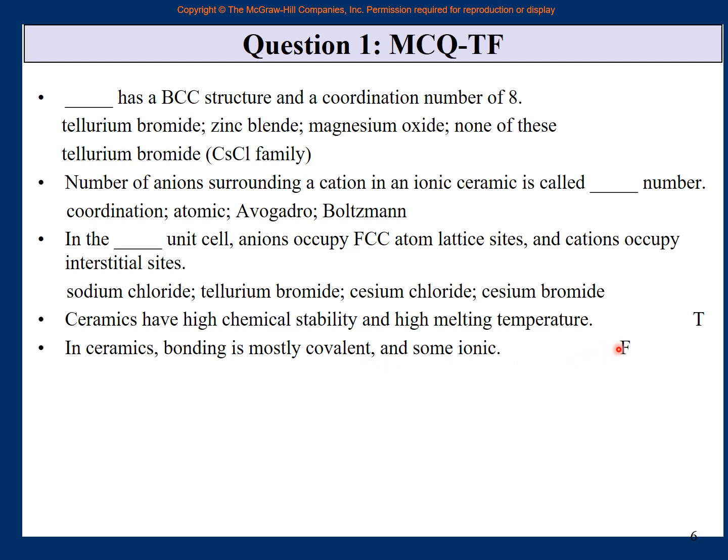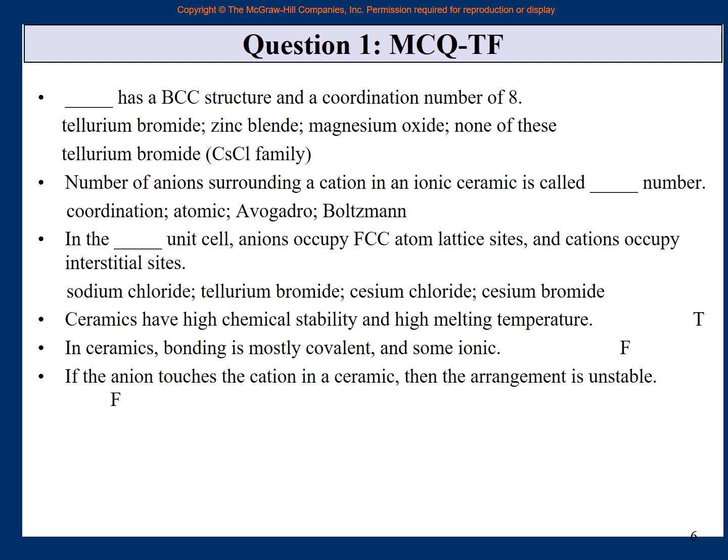So this is definitely false because it is a combination of ionic and covalent. But in most of the ceramics, mostly it is ionic, with some covalent there, right? Because of the electronegativity differences and so on and so forth. So this should definitely be false.